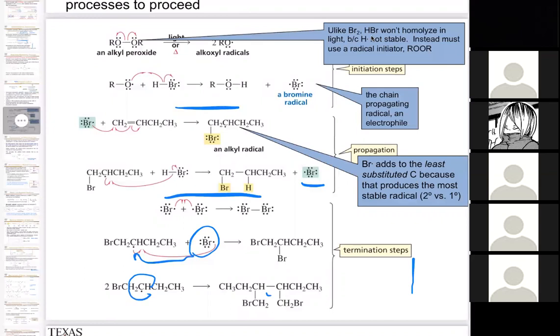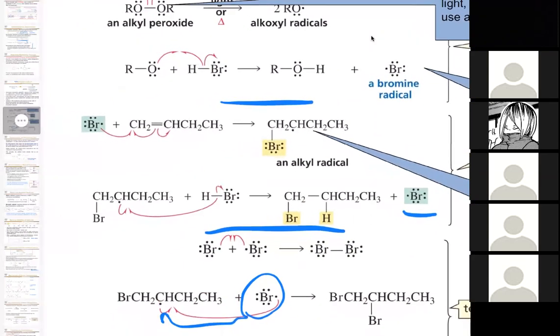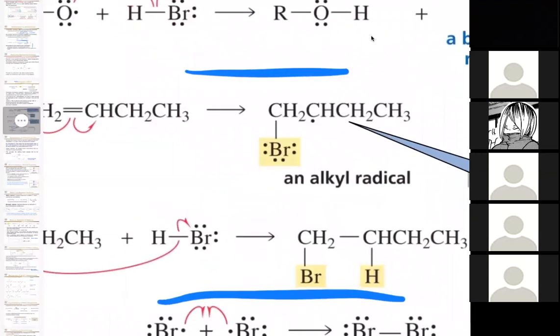When we were looking at this, we saw that once the radical abstracts the hydrogen from the HBr, bromine became a radical. And that bromine radical wants to add across the double bond. In this case, bromine is the electrophile and the double bond is the nucleophile. So it's going to add across the double bond to generate the more stable radical, the secondary radical.